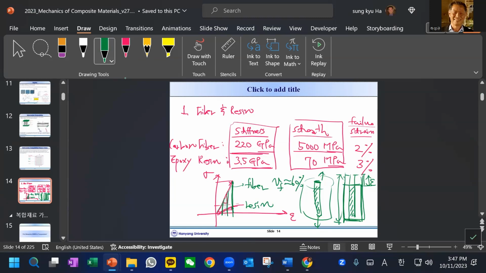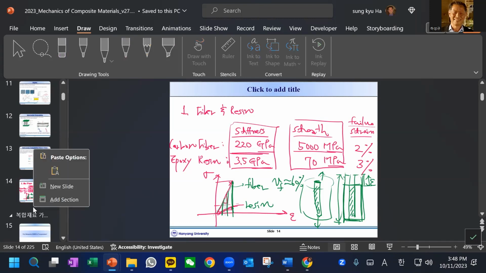So in a composite, 60% of the volume will be fibers. So whenever the composite is deformed, volume-wise, 60% of the fiber will take over the load, and as you can see, it is very stiff.